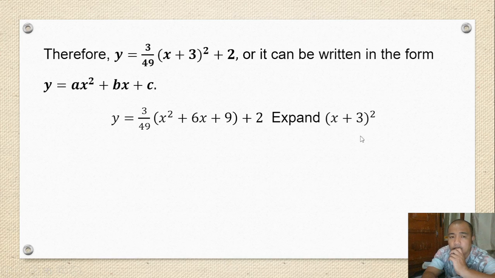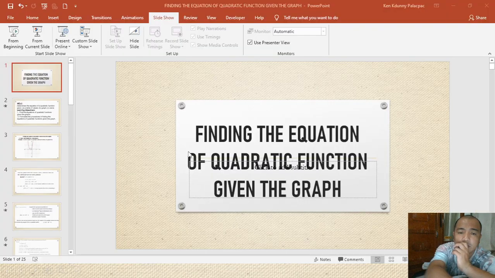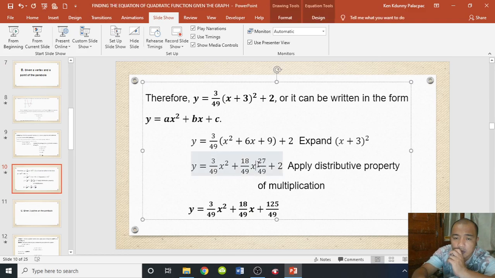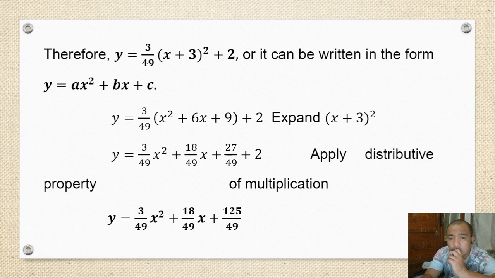Expand x plus 3, and then distribute 3 over 49: x squared plus 18 over 49 x, plus 27 over 49, plus 2, by the distributive property of multiplication.